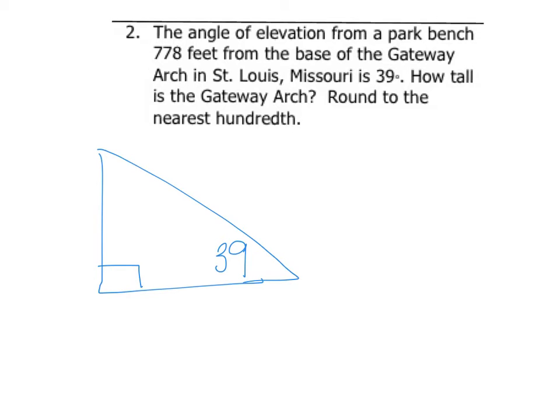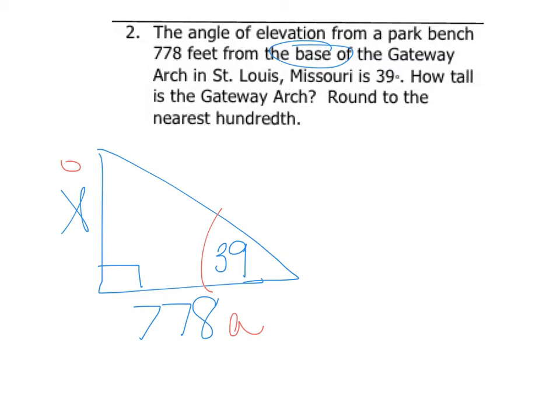The park bench is 778 feet from the base of the arch. Keyword is base. So 778 is going to go on the bottom. And I'm looking for how tall. That's the vertical side. They're giving us an angle. Key is we're doing trigonometry. Highlight your angle, label your sides.